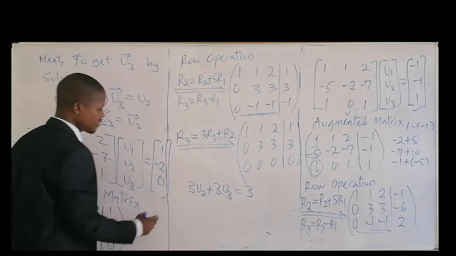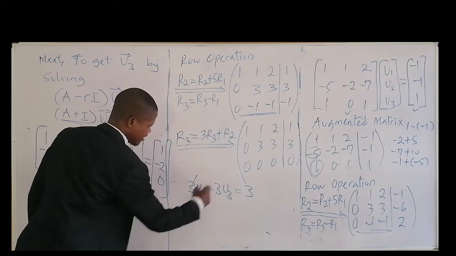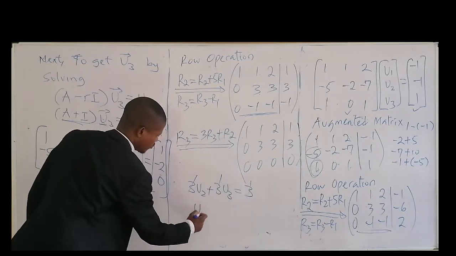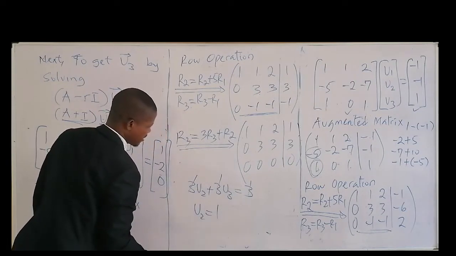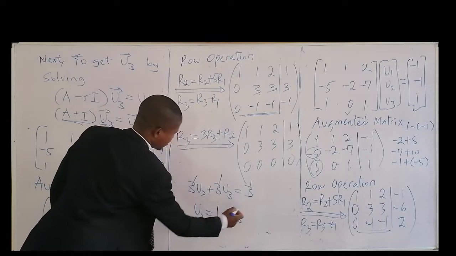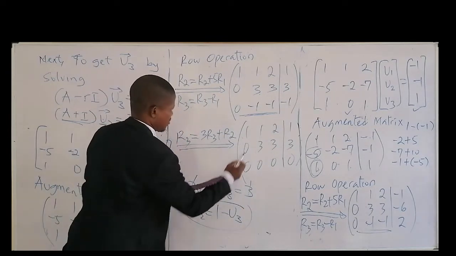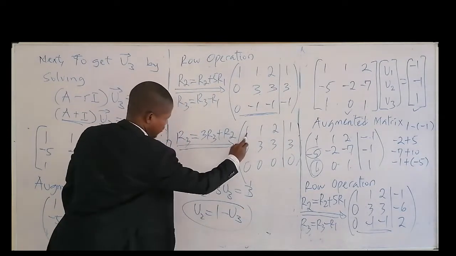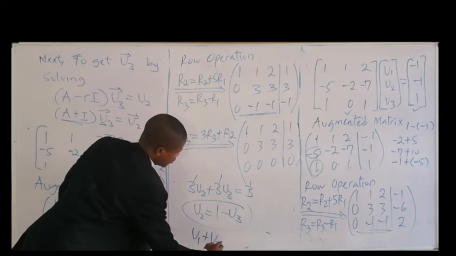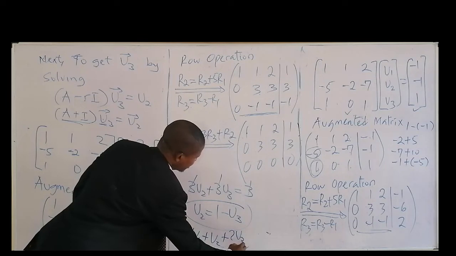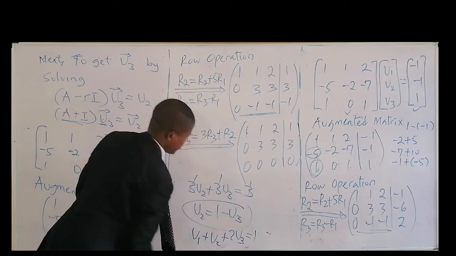Okay? 3 is here, 3 is here, 3 is here. So we just have u2 equal to 1, minus u3. So u1 will become, this first row, we now have u1 plus u2 plus 2u3 equal to 1.